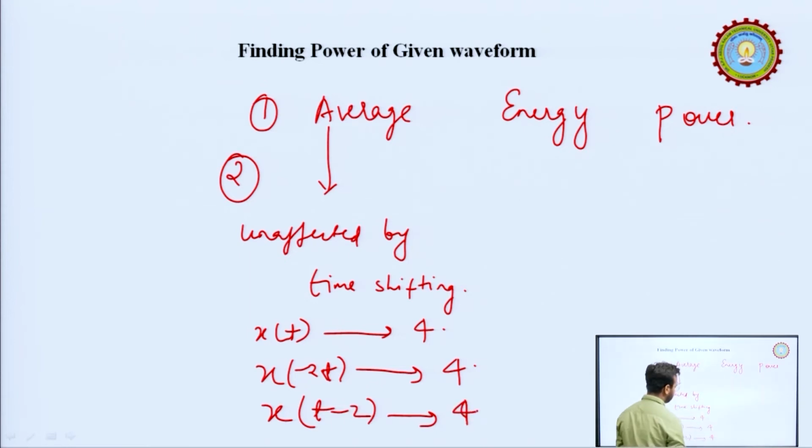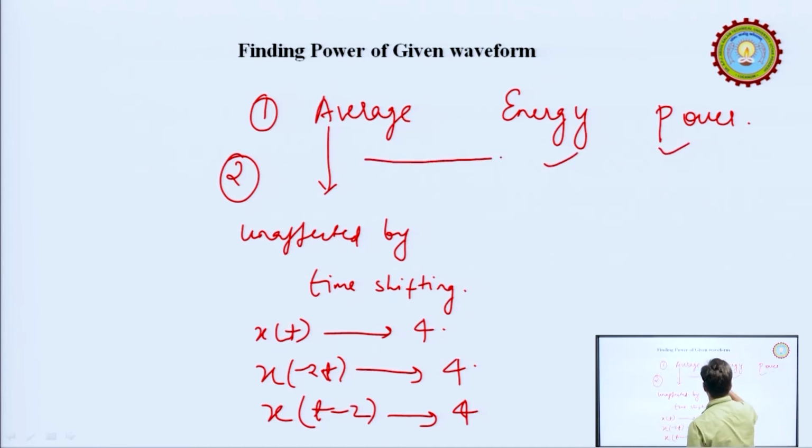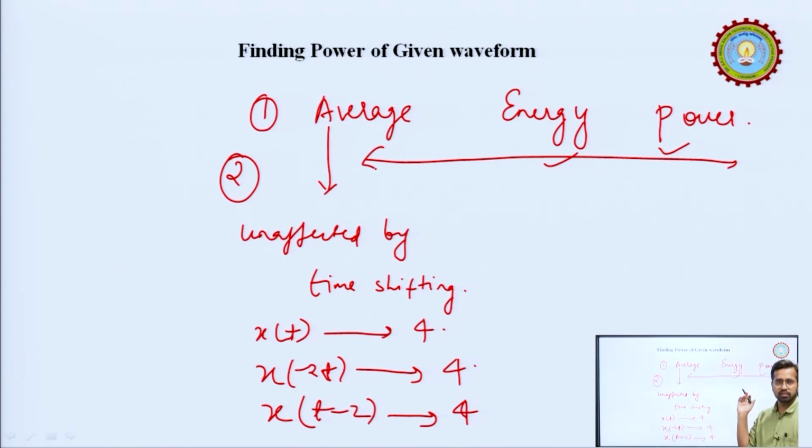Here also we will have the same value. Why? Because average is independent of time scaling or shifting. Both exist for the case of energy and power signal. At least for all three categories of signals, average of the signal, energy of the signal and power of the signal, all three are unaffected by time shifting.